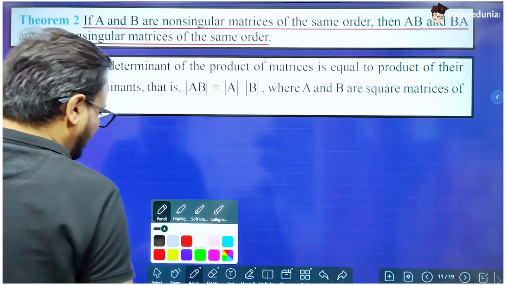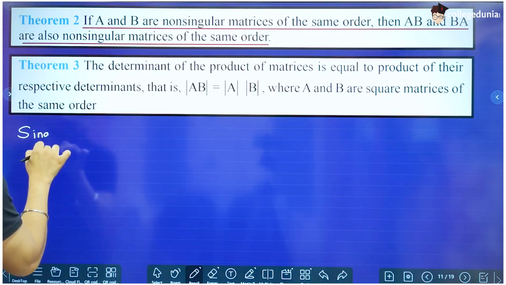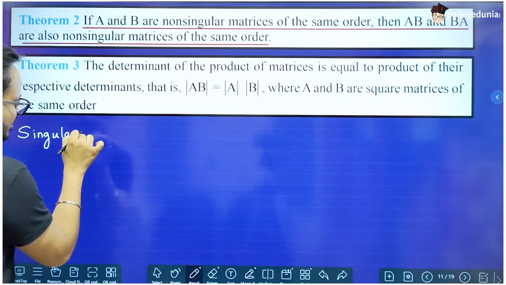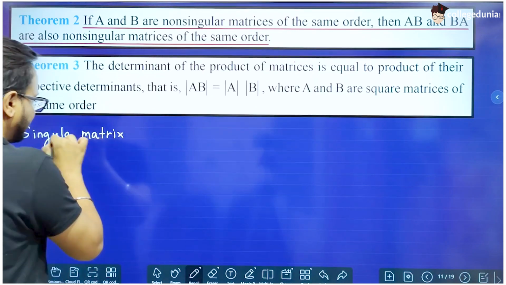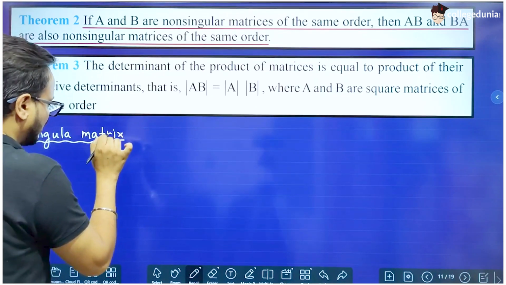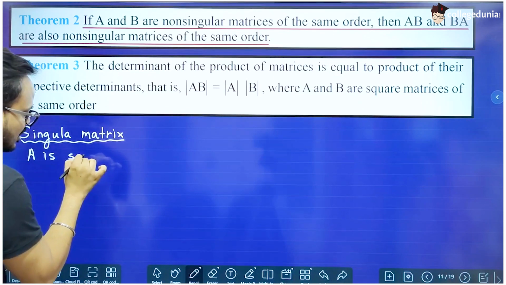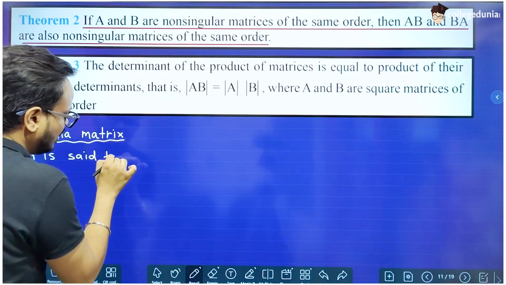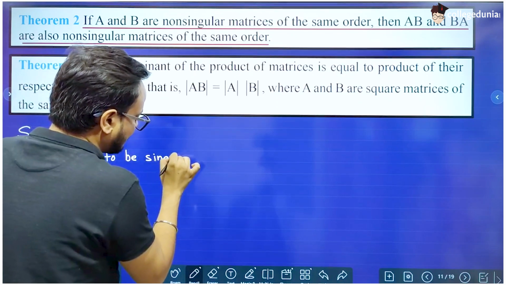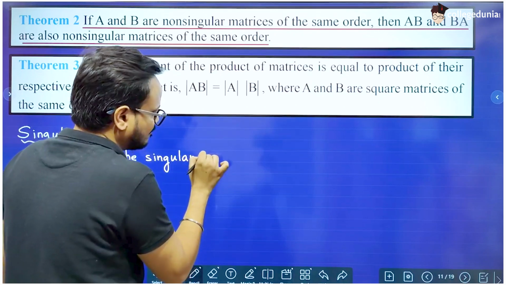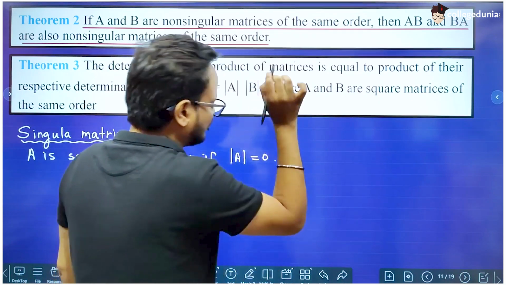What is a non-singular matrix? If you know what a singular matrix is, you will know non-singular.